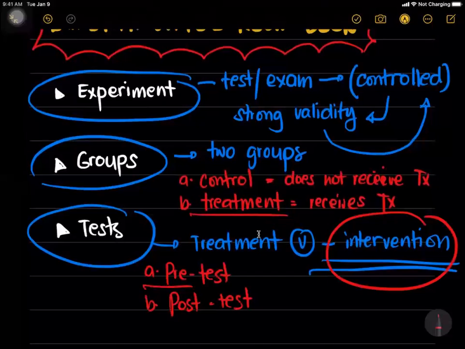After that, you introduce the treatment and see whether there might be changes or some interaction that might happen. And after which you test again. So that's your post-test, to validate whether changes happened or there is some sort of interaction during the introduction of your intervention.